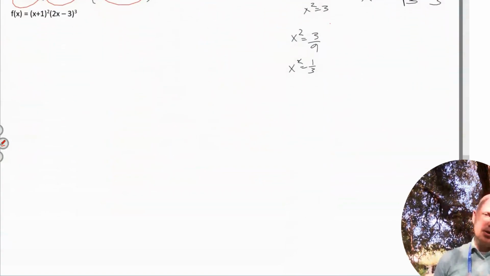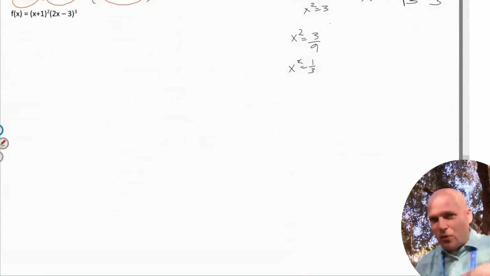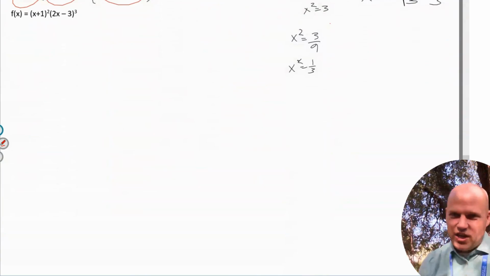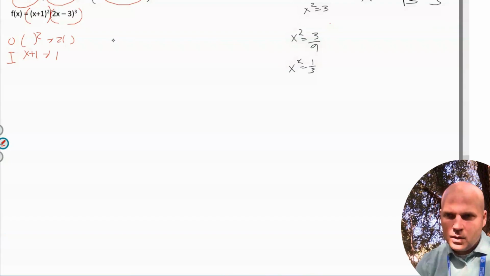Listen, I don't want to do this, but I'm going to do it. We got a product rule, and within the product rule, we have 2 sets of chains. This will be fun. So here's a product, but I got an O and I for the first one. I got an O and I for the second one.